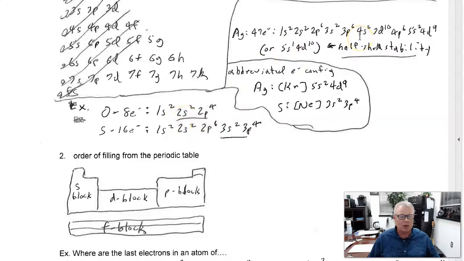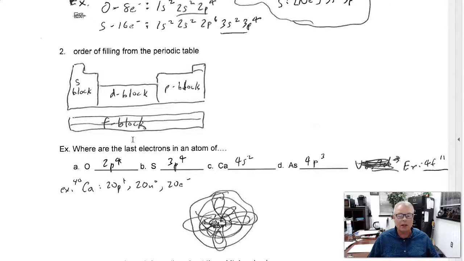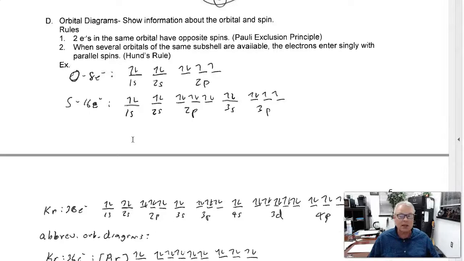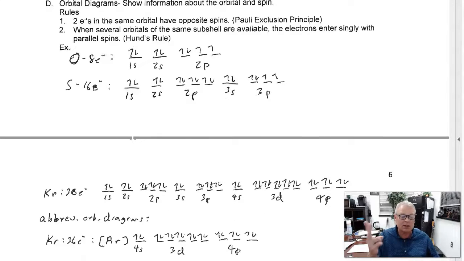Energy shell 4, subshell s. Energy shell 3, subshell d. That's what electron configurations give you, is information about the shell and the subshell. Electron orbital diagrams tell you information about the shell, the subshell, but also the orbital and the spin. So they give you more information.